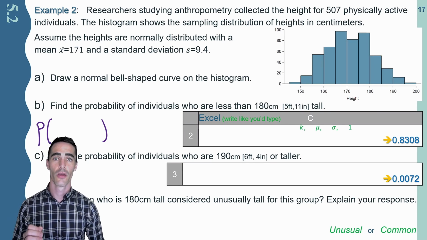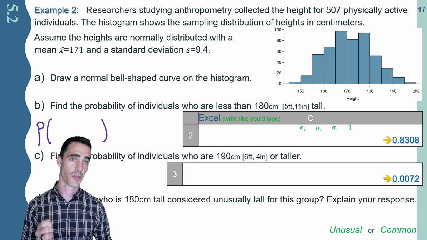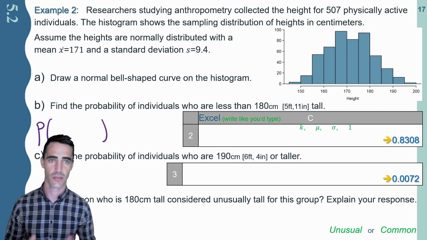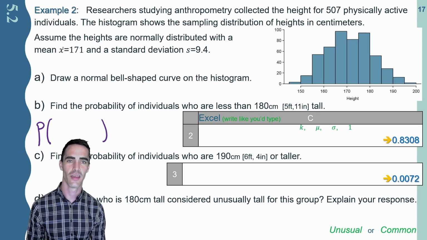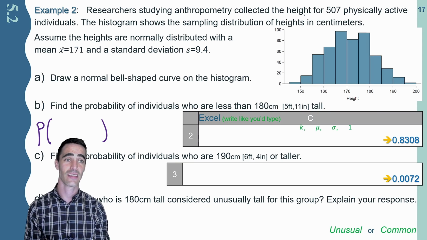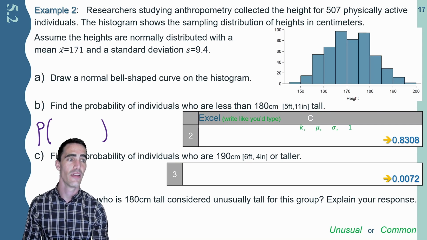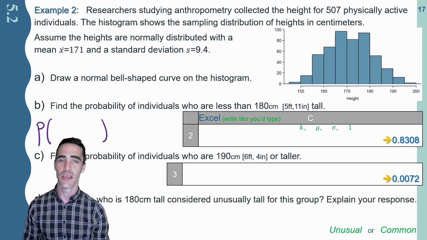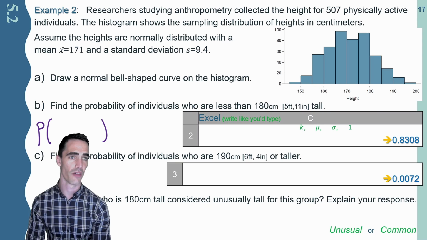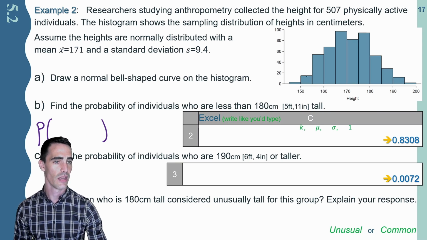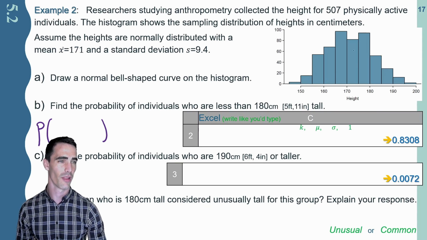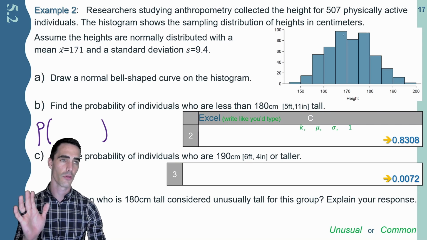Here's our example. Researchers studying anthropometry, which is the study of measurements, because that's more interesting than maybe anthropology, collected the height for 507 physically active individuals. The histogram shows the sampling distribution of the heights in centimeters. And so we can see our distribution down below. Again, you may argue that it's bimodal is the word that we often use.